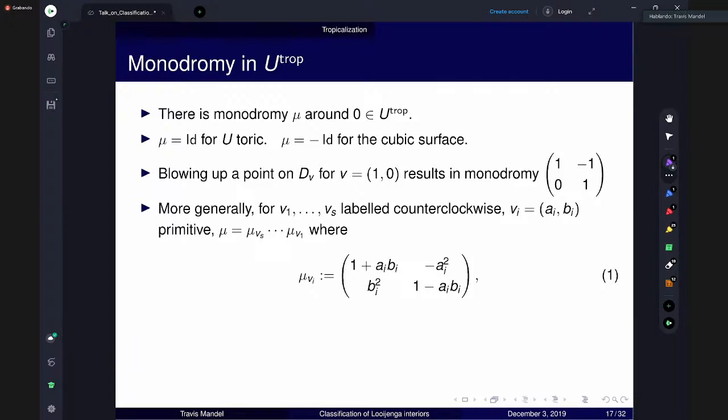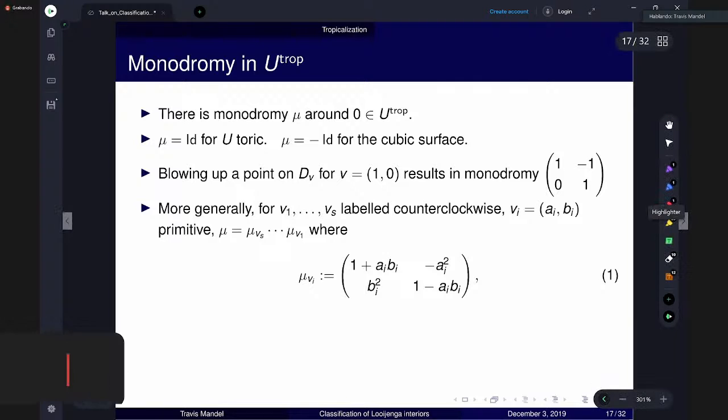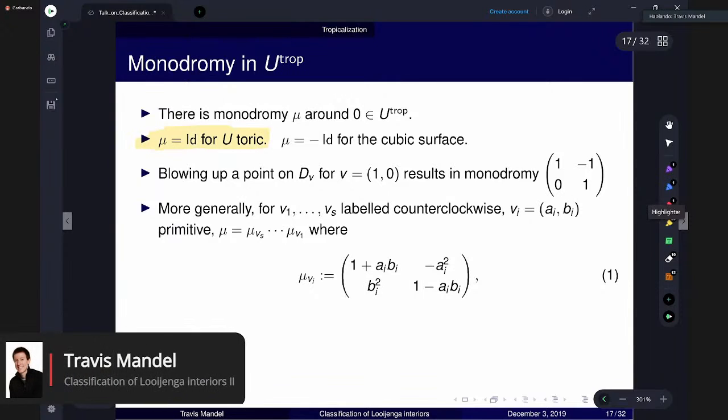So in general, we always get some monodromy around the origin in U-trop, except in the toric cases, where there's no monodromy, or it's trivial. We just saw that it's negative the identity for the cubic surface.